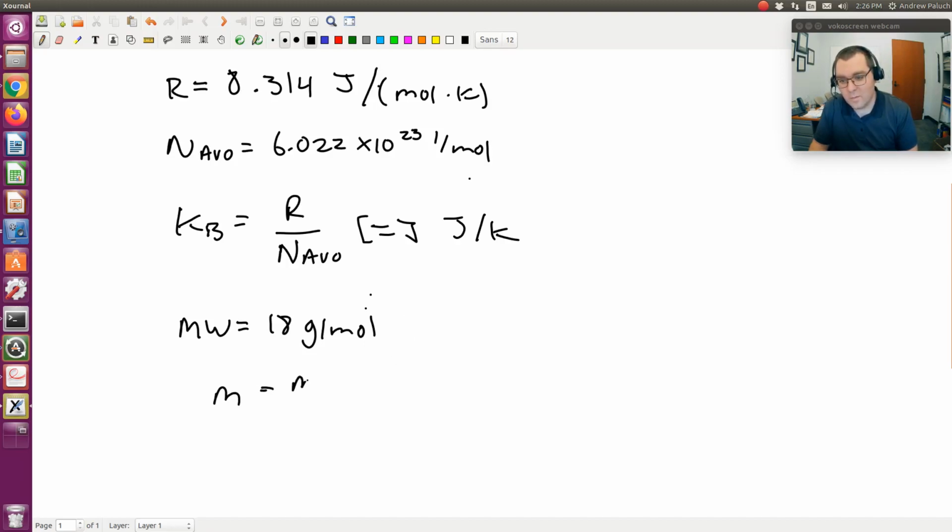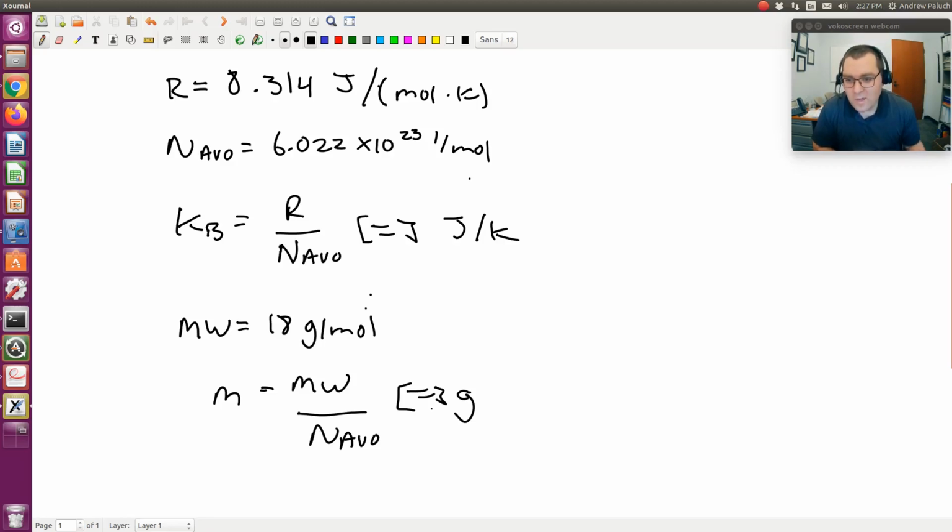It's going to be my molecular weight, which is in grams per mole, and then I would divide by N Avo, because 1 over N Avo is going to have units of moles. Remember, N Avo tells me how many molecules are in a mole. So if a mole of water weighs 18 grams, and I divide by N Avo, how many molecules are present in a mole, it's going to give me the mass, in this case in units of grams, of a molecule of water.